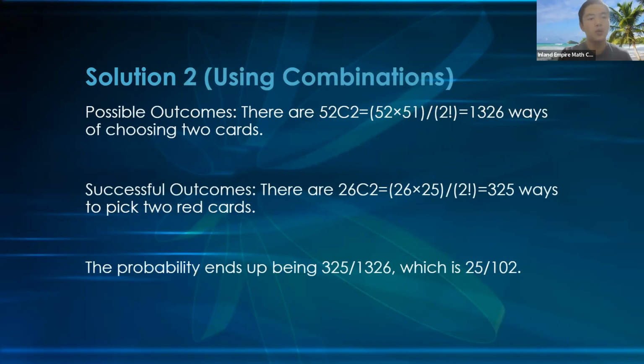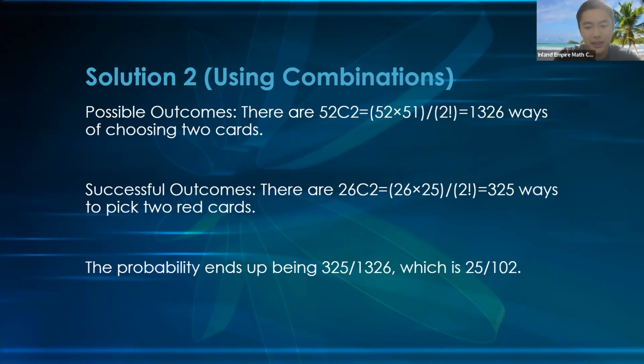However, in the second solution, we do not care about order, because in combinations, you're fundamentally just choosing 2 objects from 52 objects. I don't care if I got the 4 first and then the 5, or the 5 first and then the 4. It doesn't matter. In this solution, the order the cards are arranged does not matter.